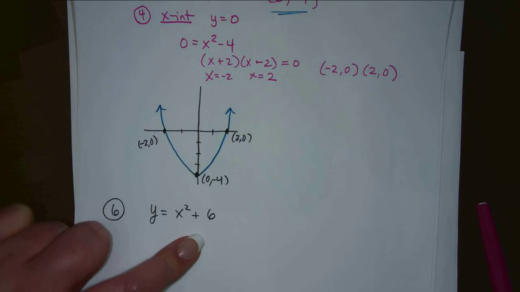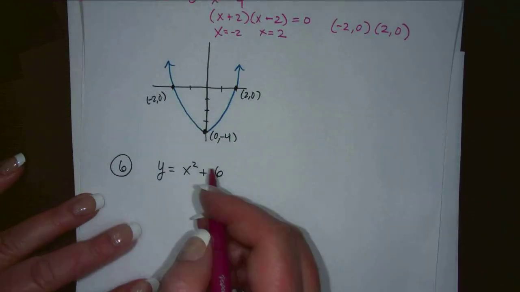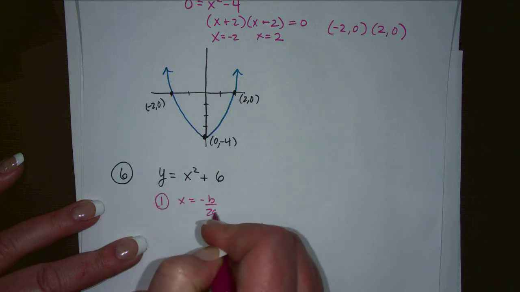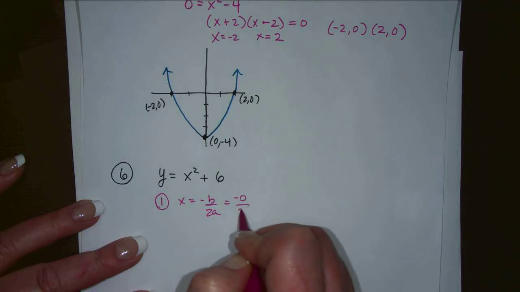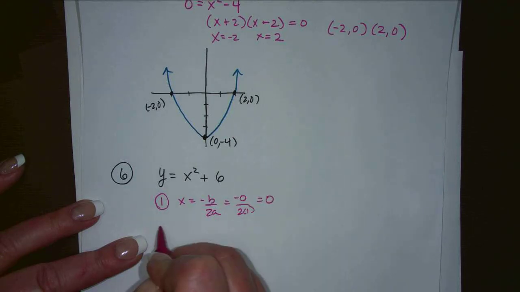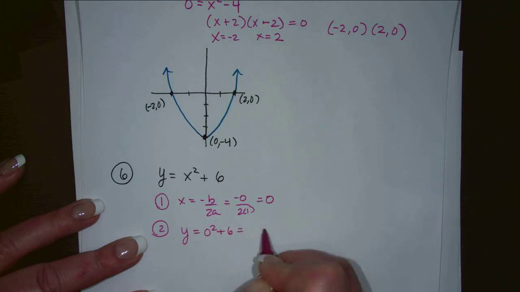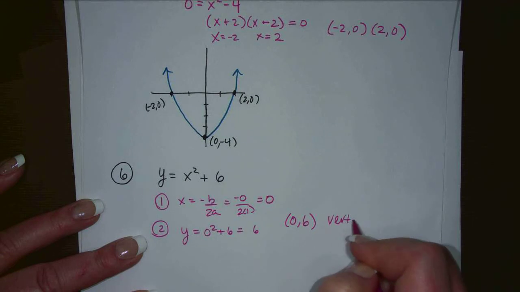Okay, but that being said, what if we do go through and try to find all of these? So what's the vertex? So what's B? 0 again, there's no B. So that's 0. Our y value, so there's our vertex.